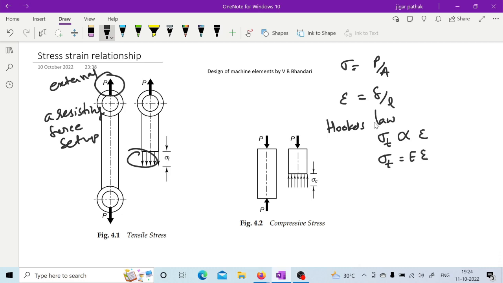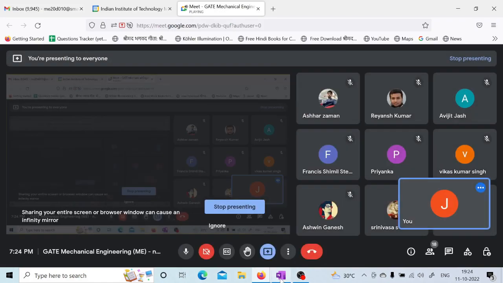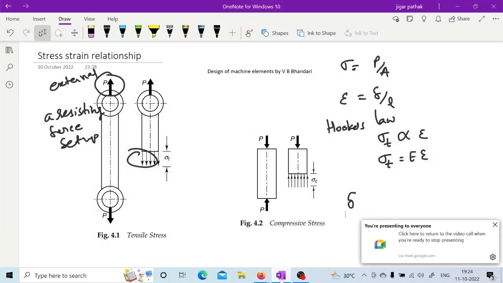If you put all the values, then what you are going to get is the deflection in terms of the load per unit area and the length.